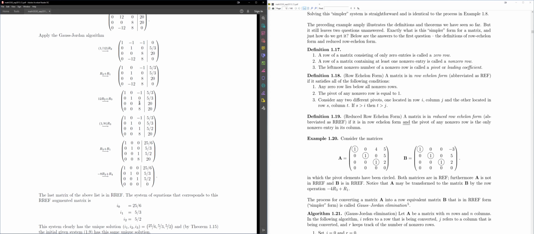You move across to the next column, and then you drop one row, and so you're looking at this. It is non-zero, so that's good. So you're going to be working with this. You divide throughout by 8 to make it 1, so you get the 1 on 5 on 2.